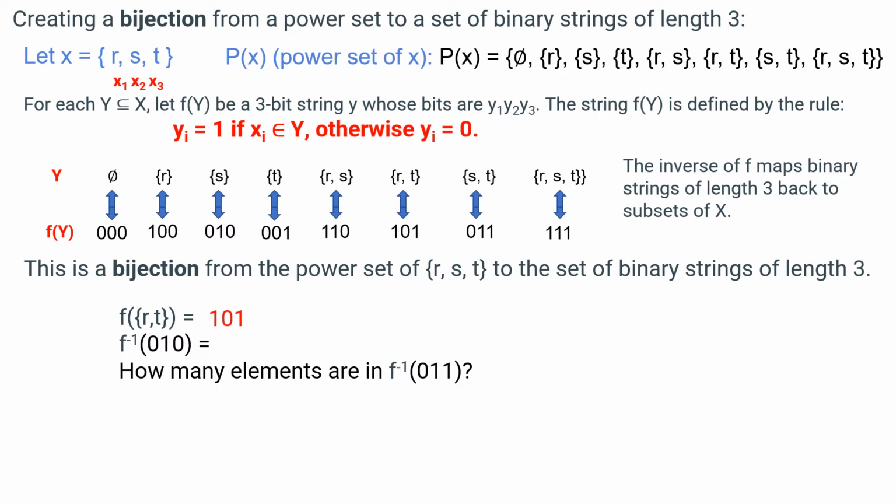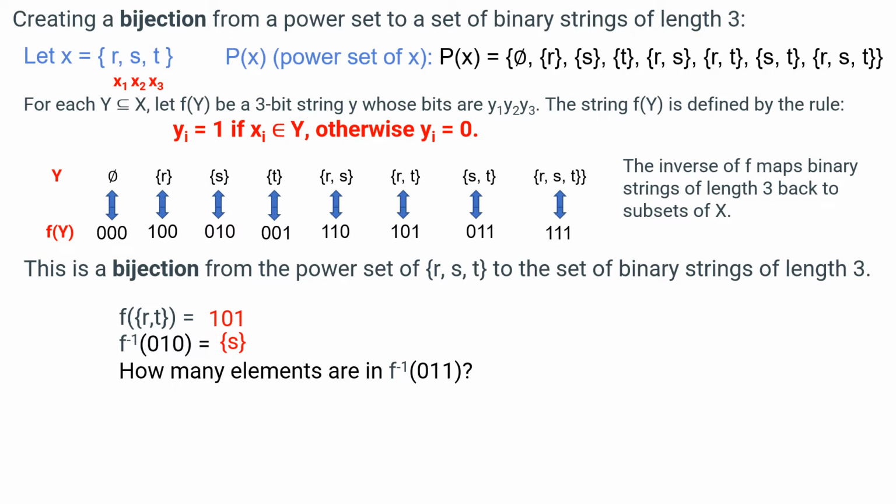What is the inverse of 0, 1, 0? Well, that would mean that R is not in there, but S is in there, but T is not in there. So it would be just the set that has the S. How many elements are in F inverse of 0, 1, 1?